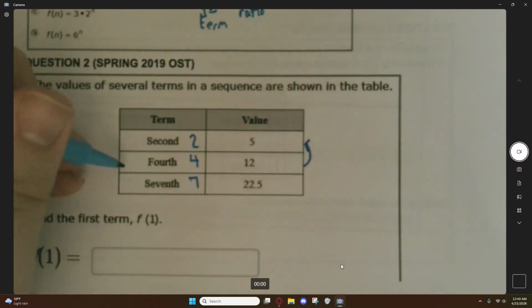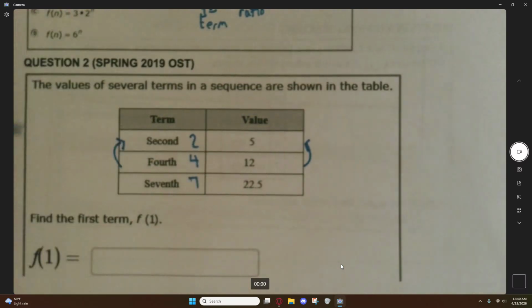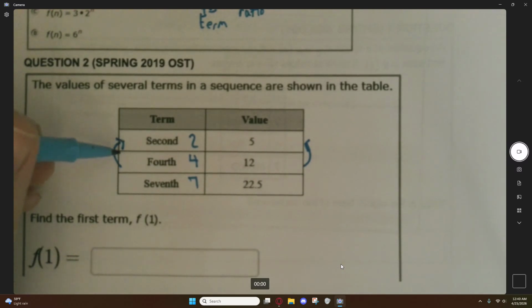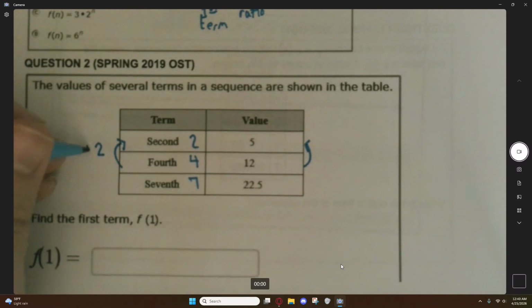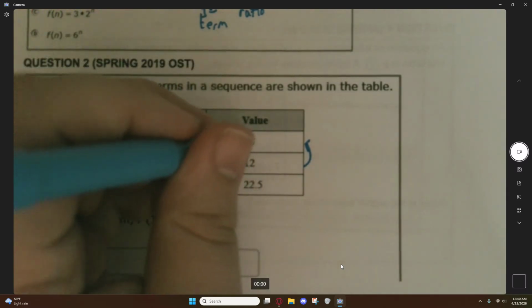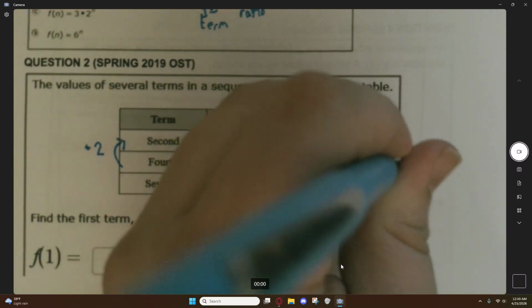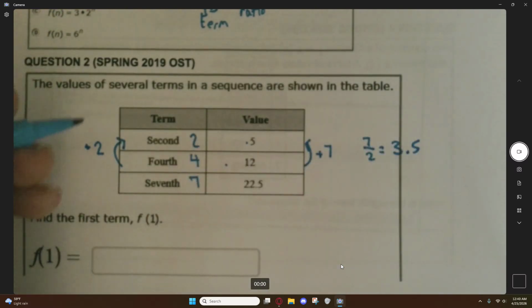So to do that, we check what our common ratio is here, or our common difference. Going from second to fourth involves adding 2. And going from 5 to 12 involves adding 7. That would be a ratio of 7 to 2, or 3.5.